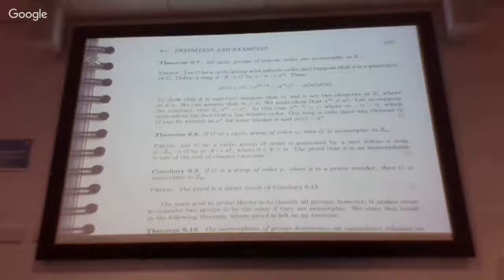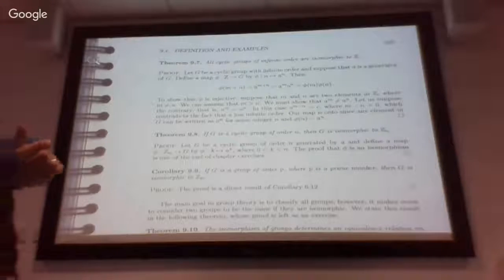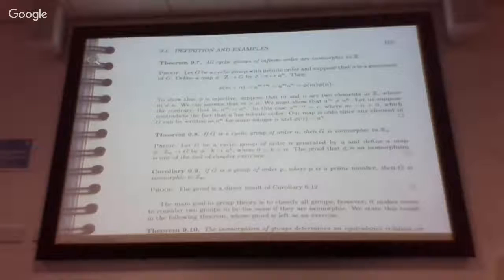And we see some of the initial, simplest parts of it displayed in these results. First of all, Theorem 9.7: all cyclic groups of infinite order are isomorphic to Z. And by Z there, we mean the plain old integers under the operation of addition. A very familiar group, one you were introduced to in your first days in primary school, taking the whole numbers, adding them together, subtracting them, using their additive inverses.